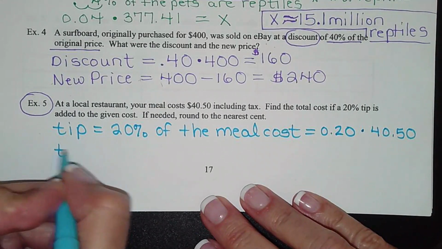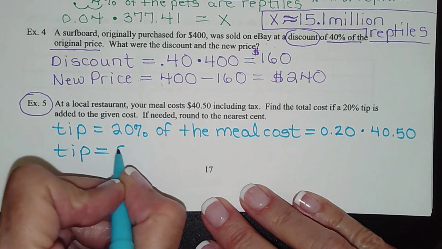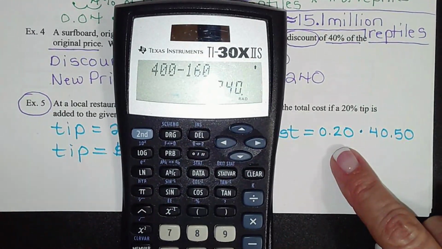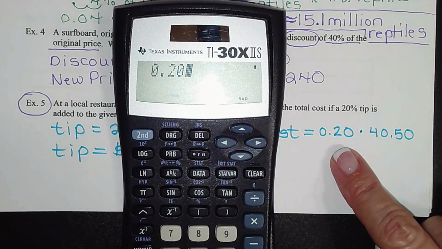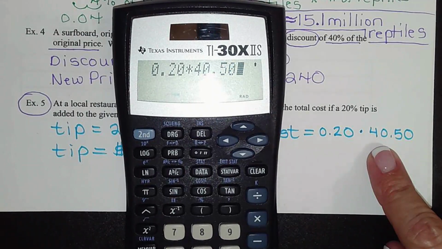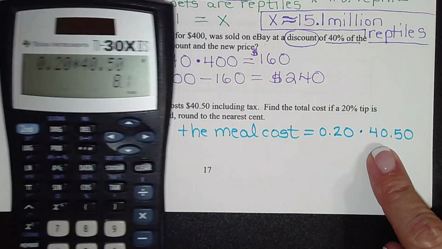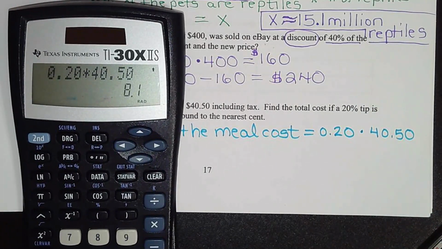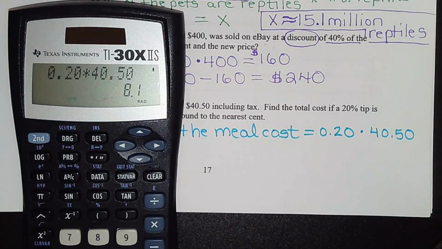So the tip is going to be 0.20 times 40.50. And that gives me, and does everybody know that I can't write that down? I even have students still missing this for this reason.